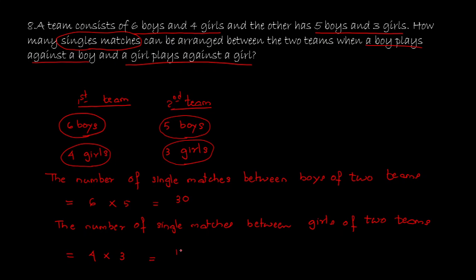So the total single matches between girls is 12. How many single matches can be arranged between the two teams? So the total number of matches equals 30 plus 12 equals 42.